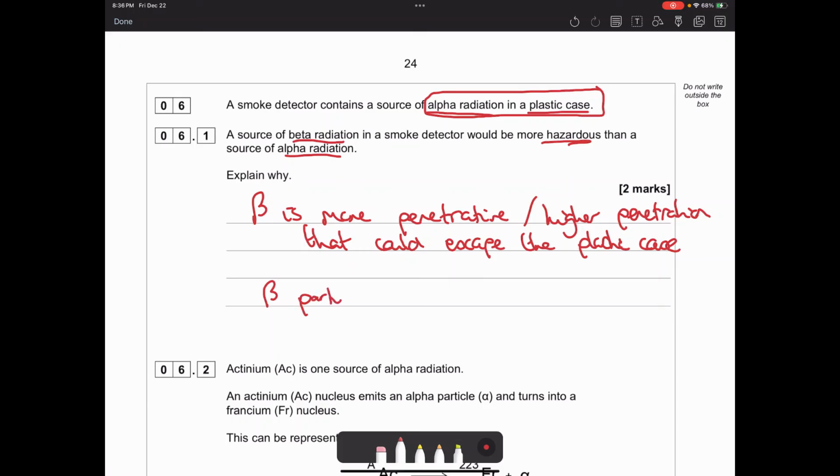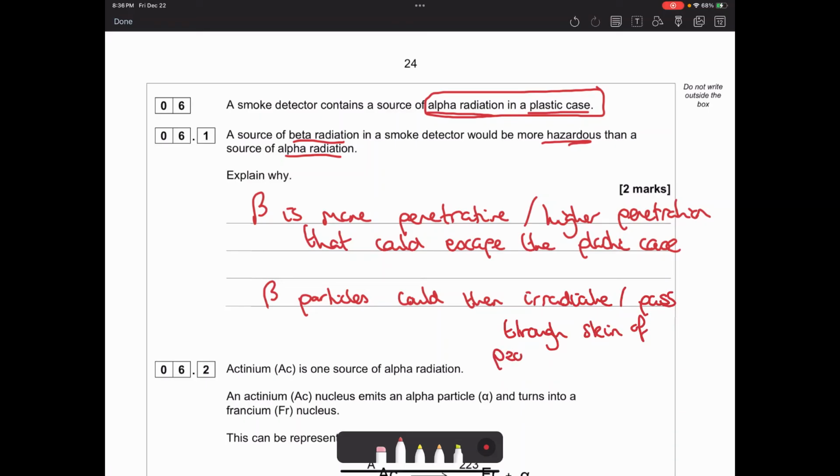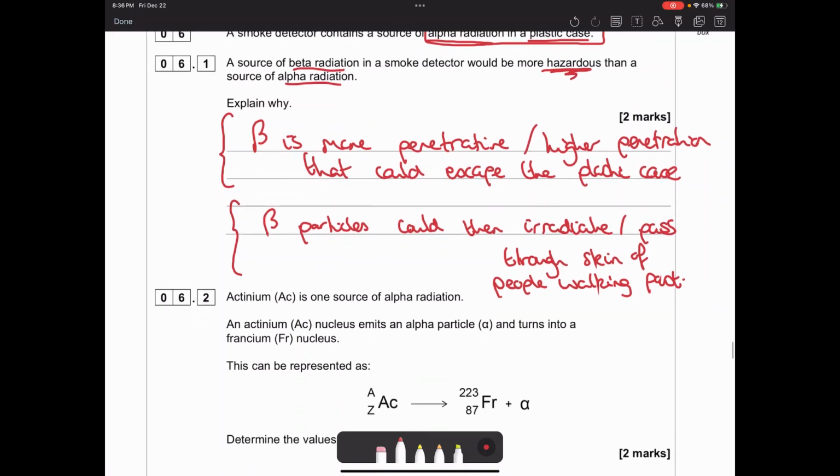Beta particles could then irradiate, which just means expose, or pass through the skin of people walking past. So I've said why it is more dangerous, and then how it could actually affect the hazardous nature to people.